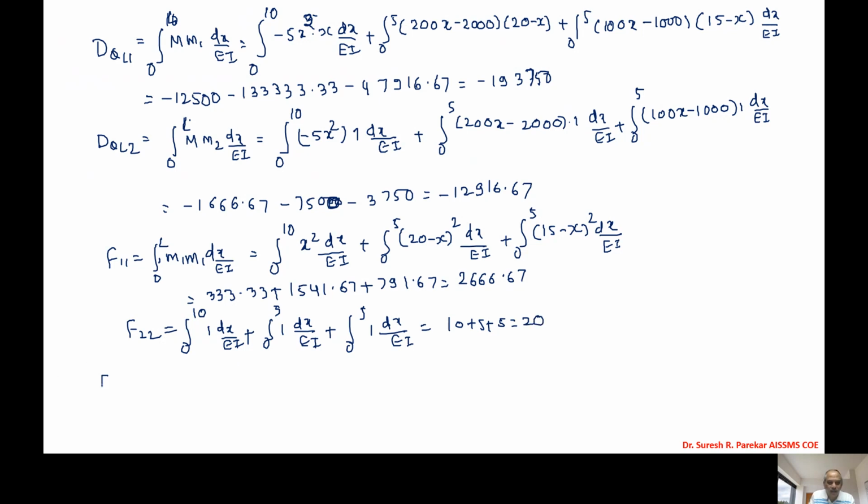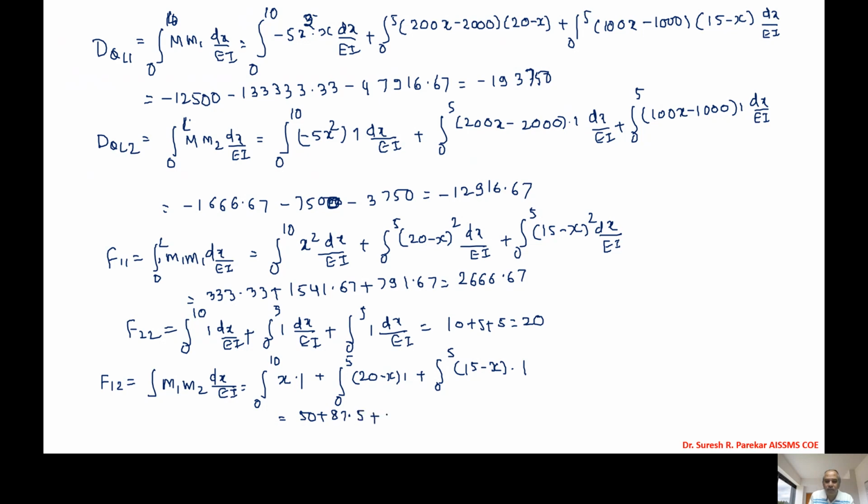If now I will write f12 over here, we have m1 m2 dx upon EI, and that is equal to m1, x into 1, 0 to 10, plus 0 to 5, 20 minus x into 1, plus 0 to 5, 15 minus x into 1, and this will give me values 50 plus 87.5 plus 62.5 equal to 200.